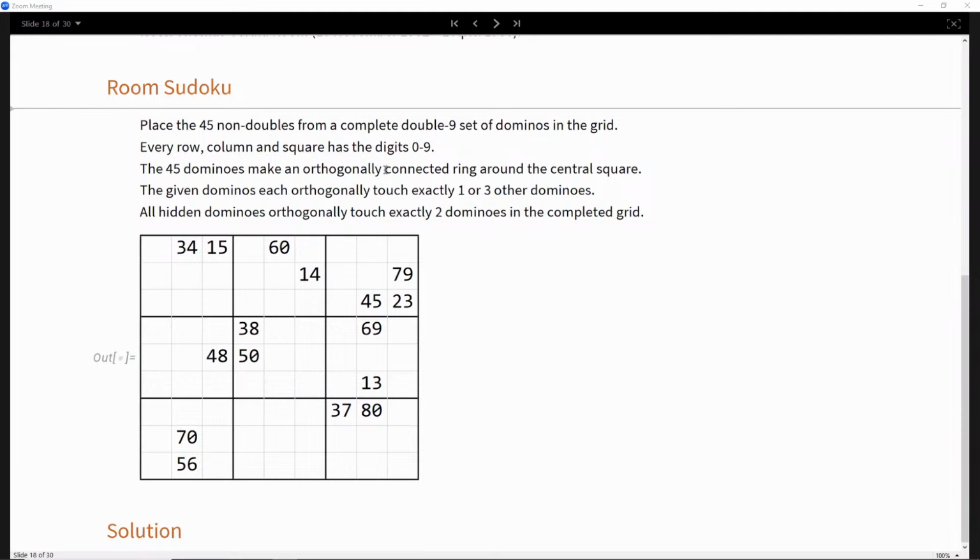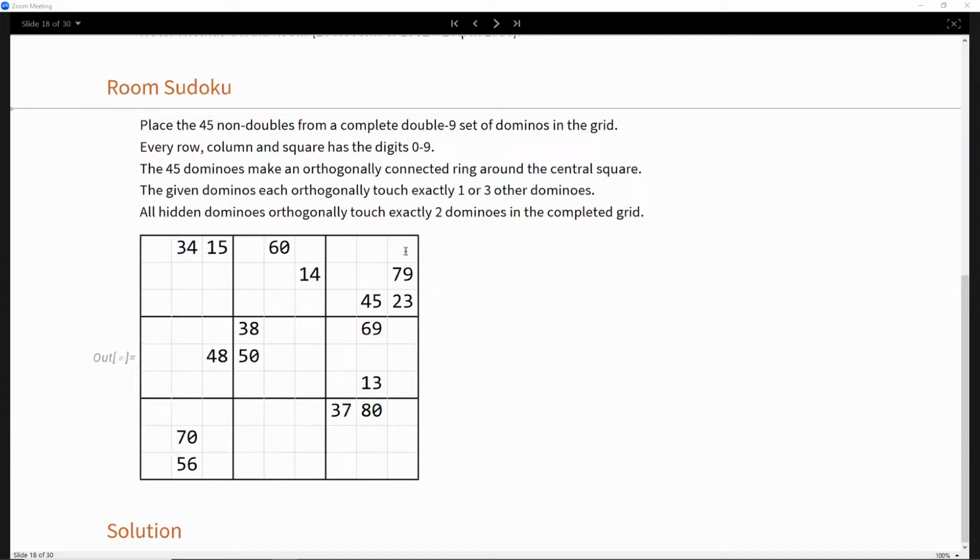All 45 dominoes make an orthogonally connected ring around the central square. So you'll be able to connect all the dominoes together to make a ring around this square. The given dominoes each orthogonally touch exactly 1 or 3 other dominoes. So for example, this domino here, you can probably guess only connects to the 2, 3 here.